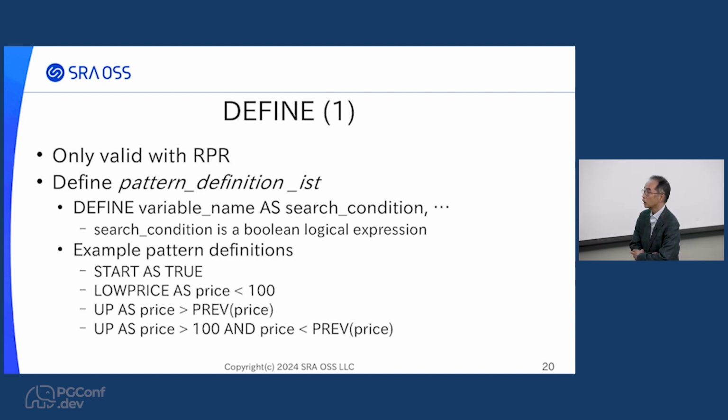There is a limitation. Currently the total number of pattern variables must not exceed 26. Right. Okay.